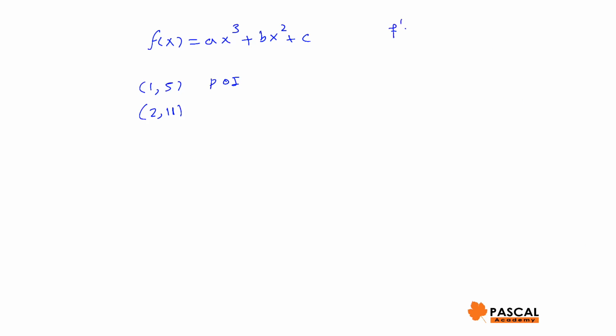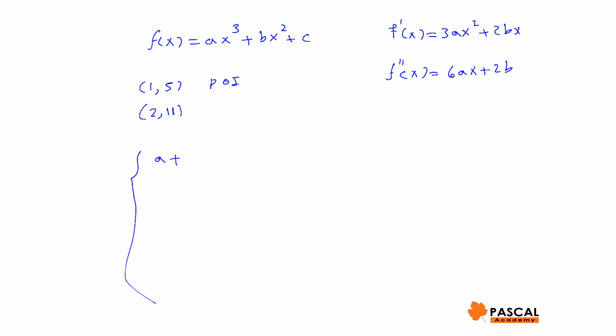The first derivative of the function is 3ax squared plus 2bx, and its second derivative is 6ax plus 2b. We know f of 1 is 5.